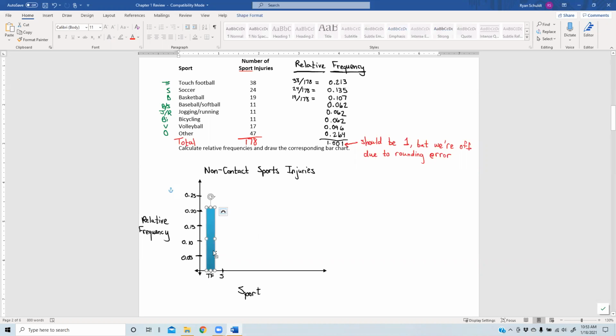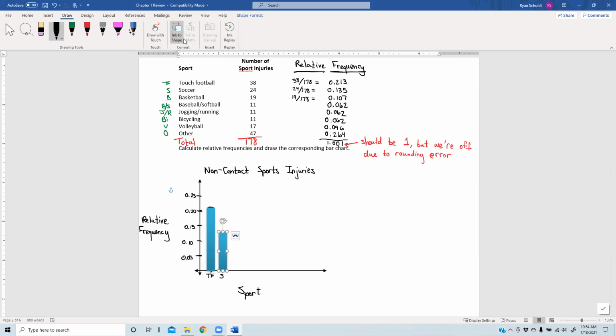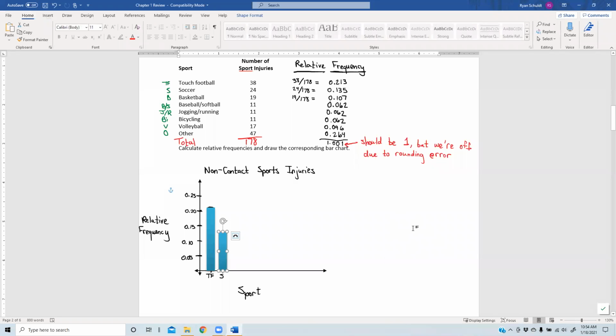So instead of trying to draw a new rectangle, I'm just going to take this one, place it there, and shrink it. So I'd say about right there. And I'm going to draw my labels for the rest, so then I can just go boom, boom, boom, done.